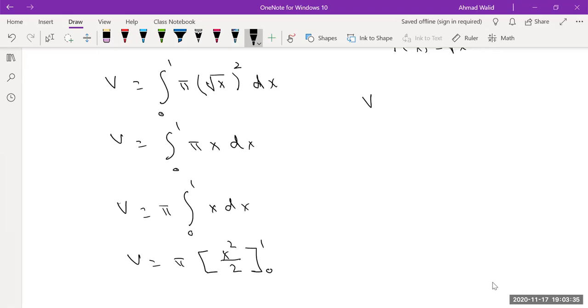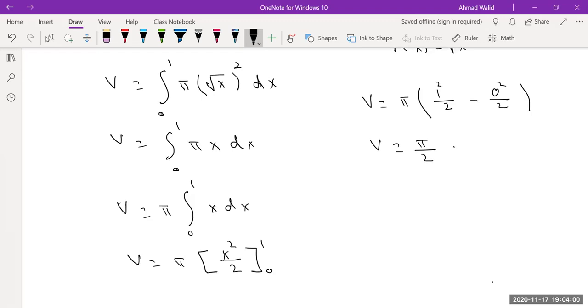Or you can say V equals, plug in the values, pi times, if you plug in 1, it gives you 1 squared over 2, correct? Minus 0 squared over 2, which gives you V equals pi over what? Pi over 2, final answer.